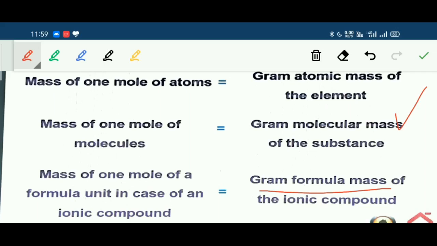So in short, we can say molar mass will be equal to either gram atomic mass or gram molecular mass or gram formula mass. And we already know that 1 mole of a substance is equal to molar mass of the substance.